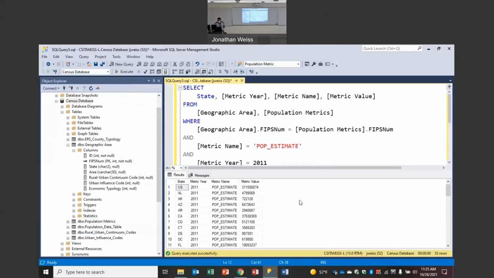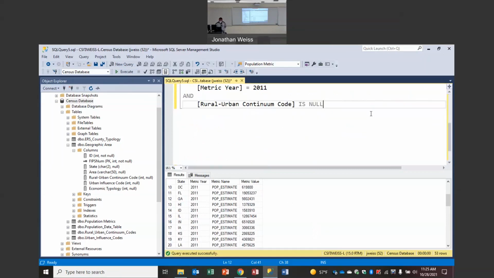And if you do this, you actually get a total population estimate for each of the major areas, anything that's not a county, essentially the states and the United States. So, this gives us a total population for 2011 for each of these areas. And that's what this query is designed to do. If we were writing the description of this query, we would say, give total population for 2011 for these different areas.